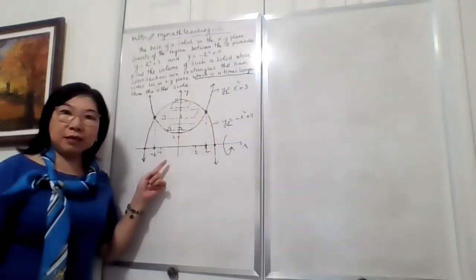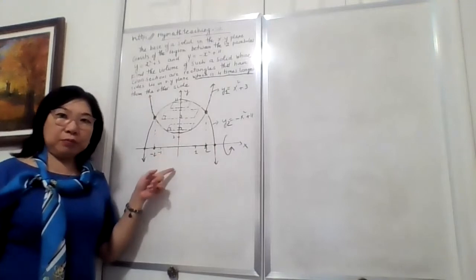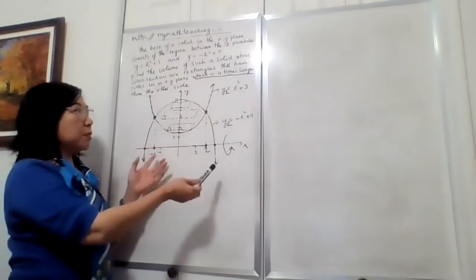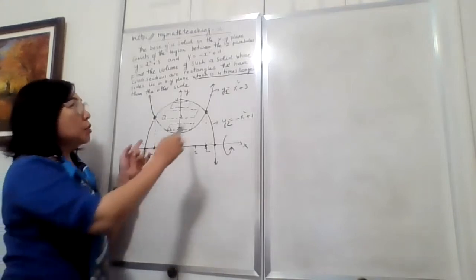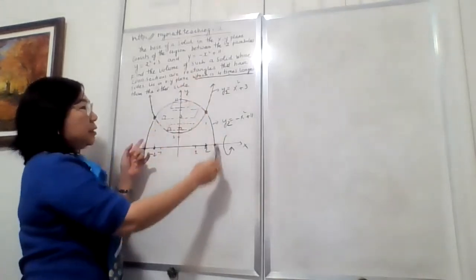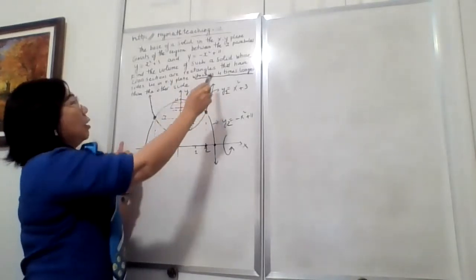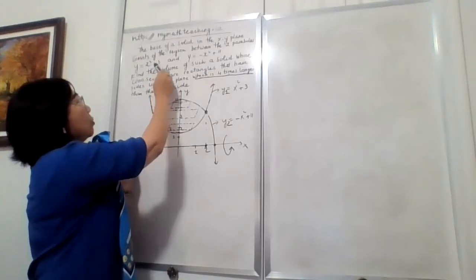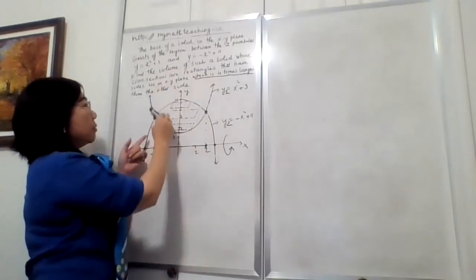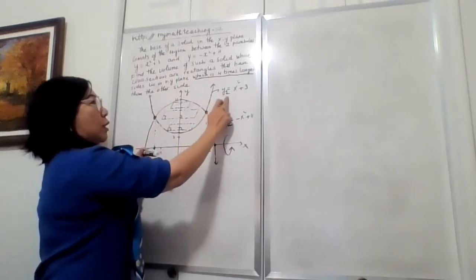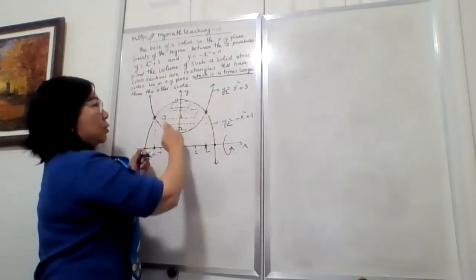Let me explain the diagrams to you one more time, right? I just went through it very quickly, so now I'm going to explain it in more detail. First, I sketch the two curves here. My first curve is y equals x squared plus 3, which is the parabola opening upward, and I call this y1 equals x squared plus 3.